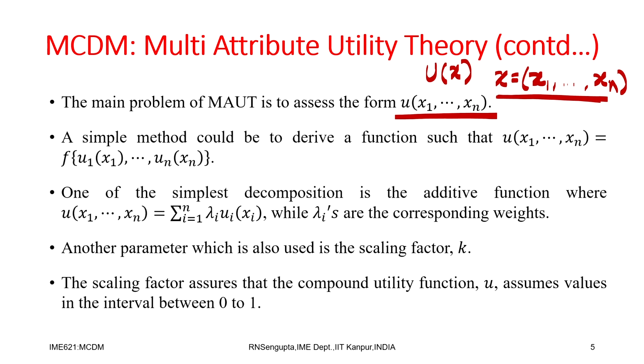A simple method could be to derive a function such that we are aware that the utility function is given by some functional value f. Depending on the parameters here, it is more of u1, u2, u3, u4, where u1, 2, 3, 4 are the corresponding utilities based on the univariate case.